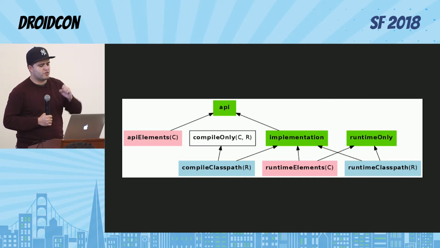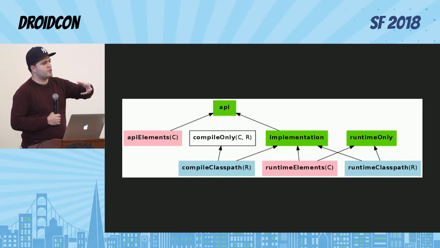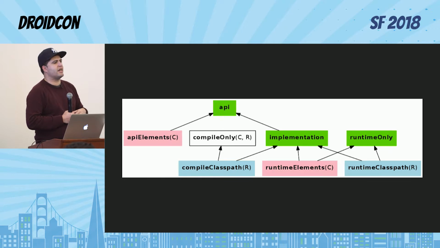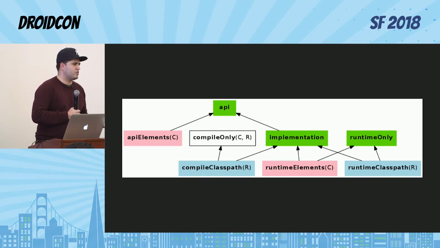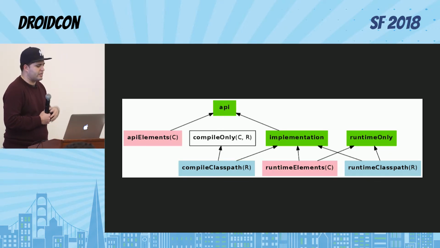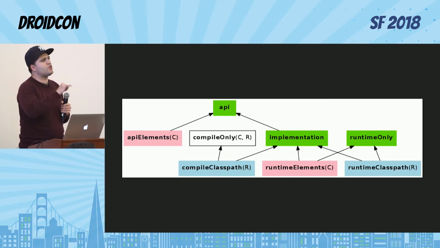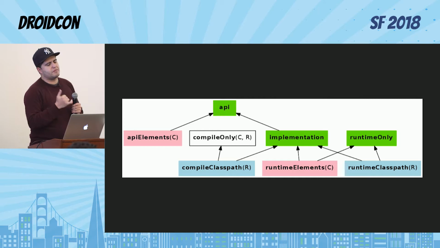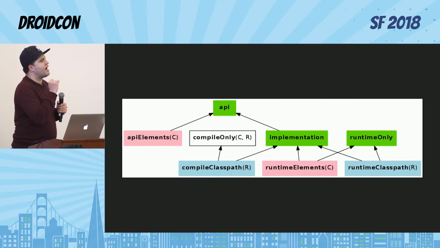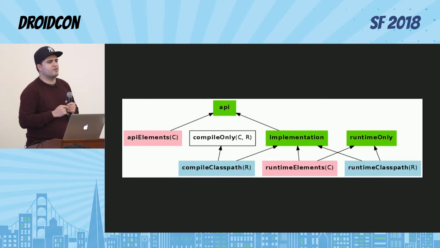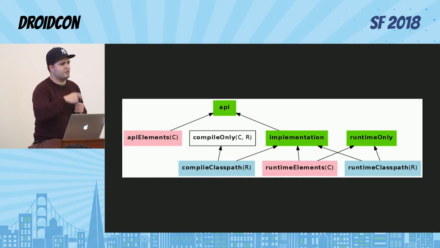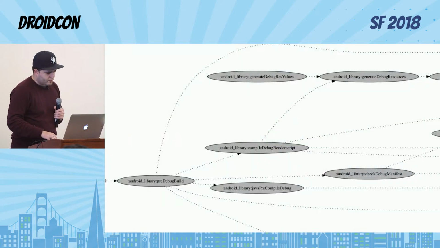Once you set up your build scripts, the consuming module is actually going to have a different class path than yours, because, for example, the Android SDK doesn't have to be bundled in your module, but it knows at runtime it has to run it. So they should almost be 100% similar, but at times they can be different, and you should know that. I just like to refer to this graph whenever something confuses me, and then I just kind of reason about it that way. All right, let's move forward to more AGP tasks.